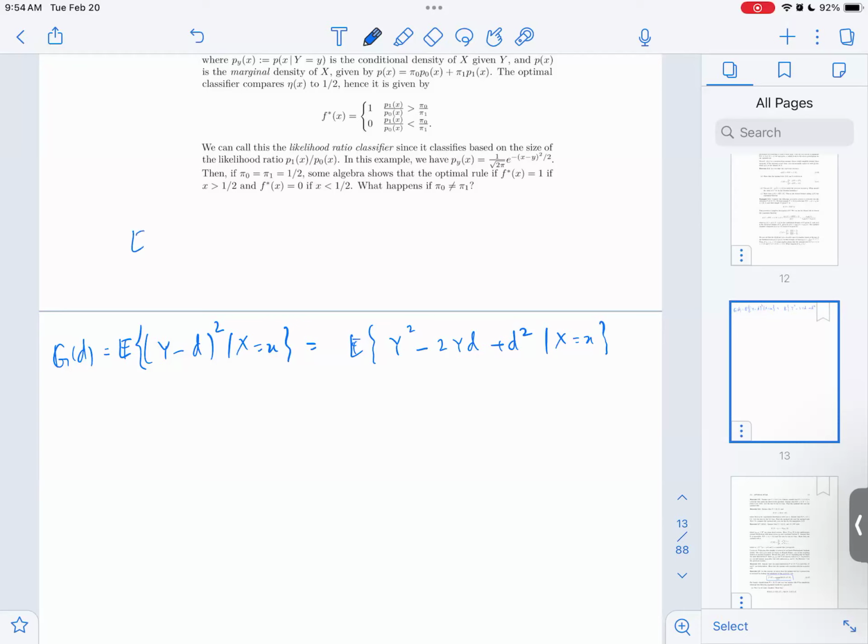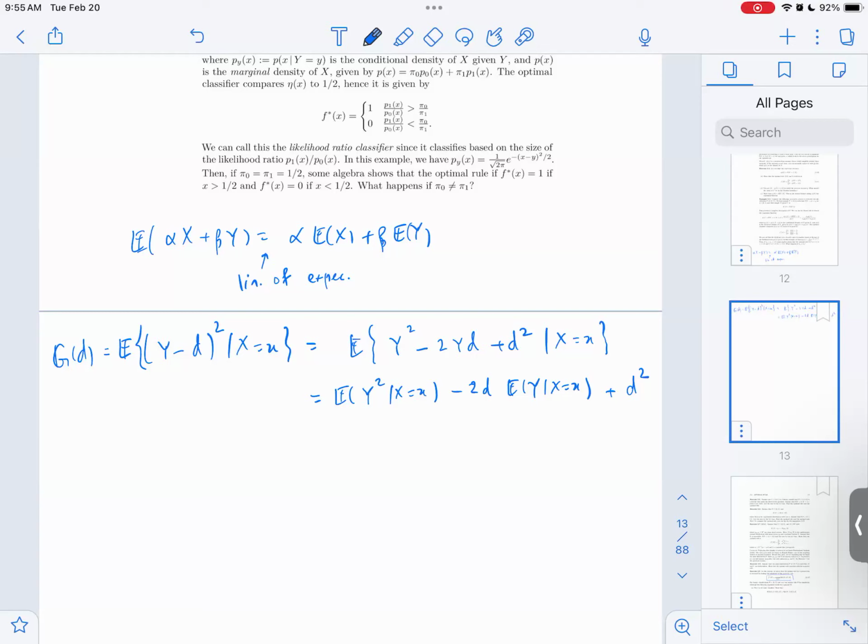If I have the expectation of alpha X plus beta Y, I get alpha times the expectation of X plus beta times the expectation of Y. It's one of the important properties, assuming that alpha and beta are deterministic. And the conditional expectation is a form of expectation, so it has the same property. So I get the expectation of y squared given x, minus 2d, which is constant, times the expectation of y given x, plus d squared, which is constant.